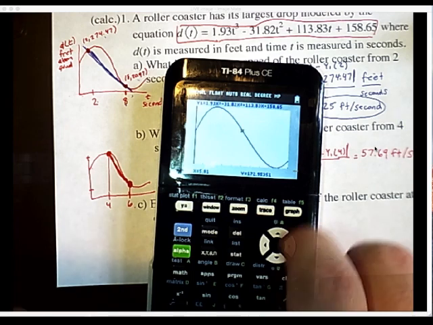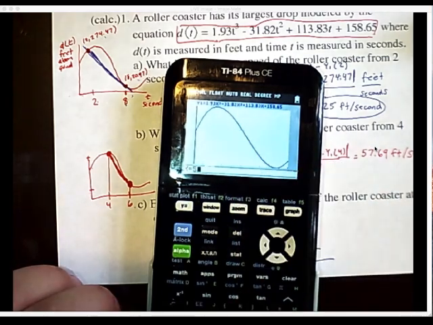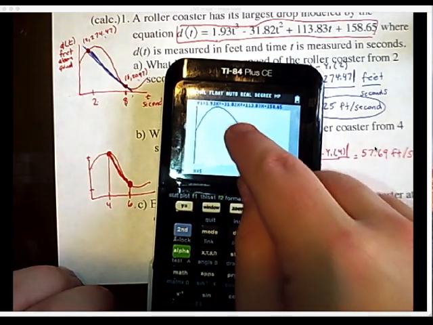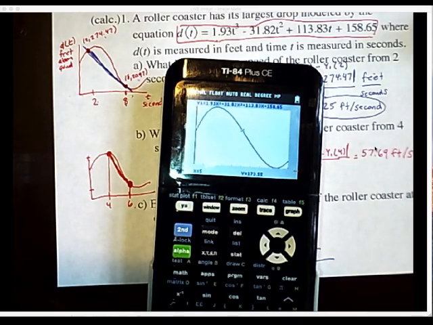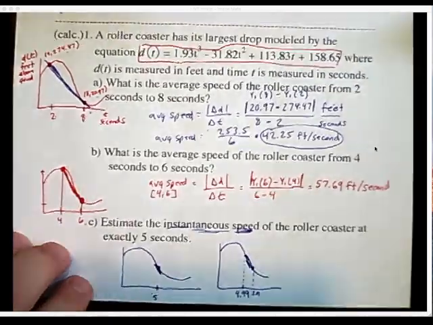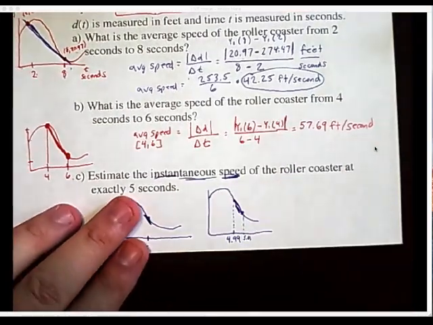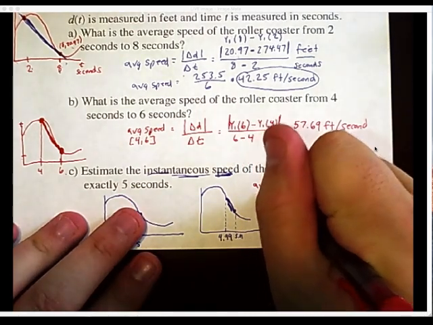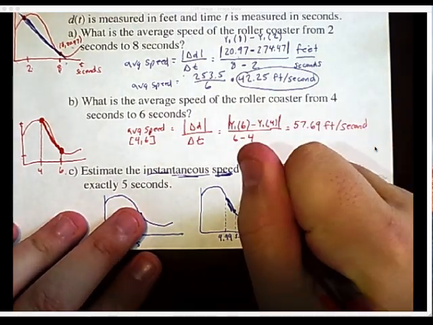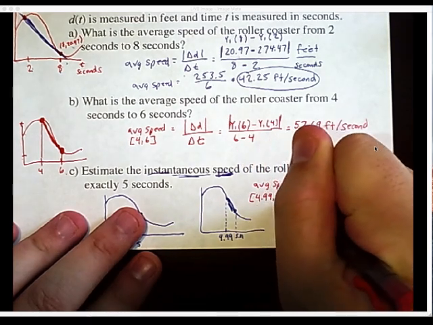So the best way I can estimate the slope of the line exactly at 5 right there is to pick 2 points that are really close to 5 and find the slope by doing the same thing we did up here. Okay, so the way I can estimate the instantaneous speed is to find the average speed, just like we said, from 4.99 to 5.01.